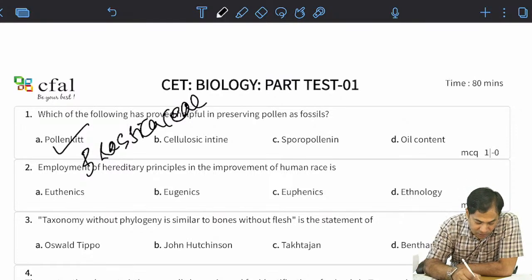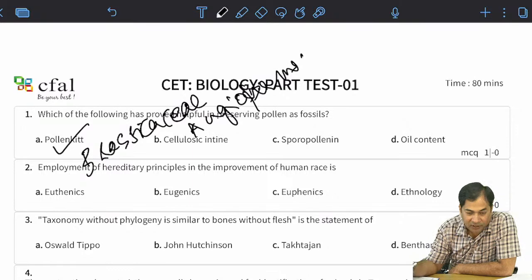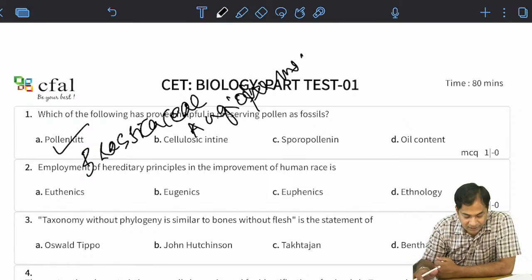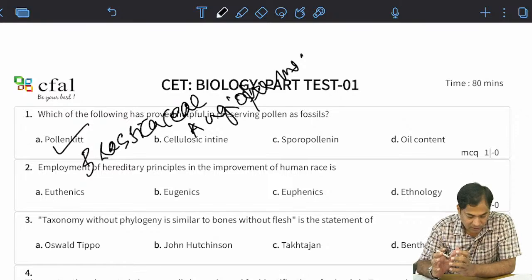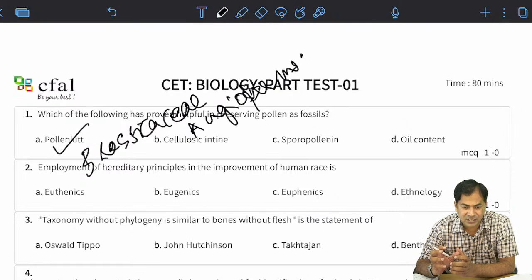These are angiosperms, flowering plants. In flowering plants, many pollen grains in a bunch, like a kit, is what we call pollen kit. Pollen grains are sticky.